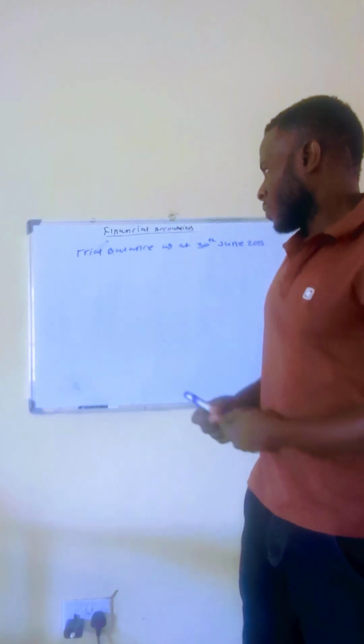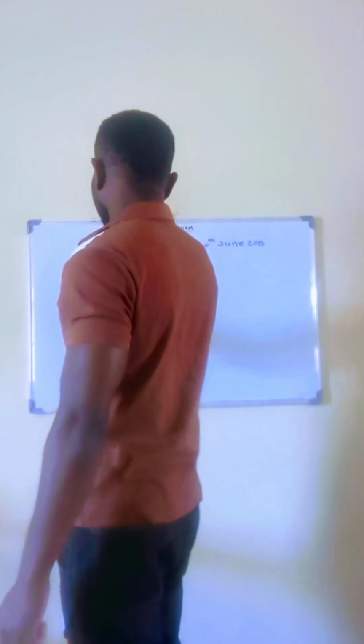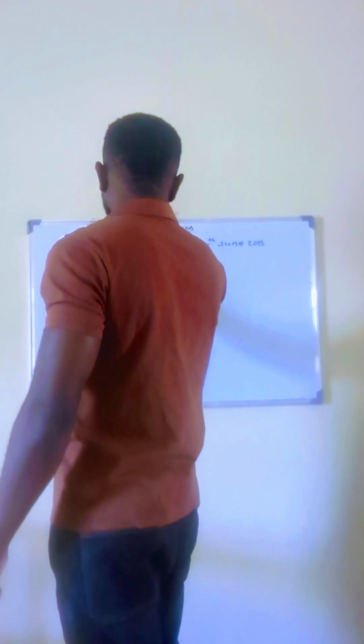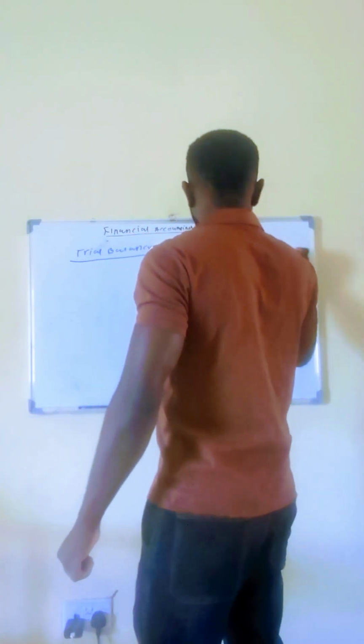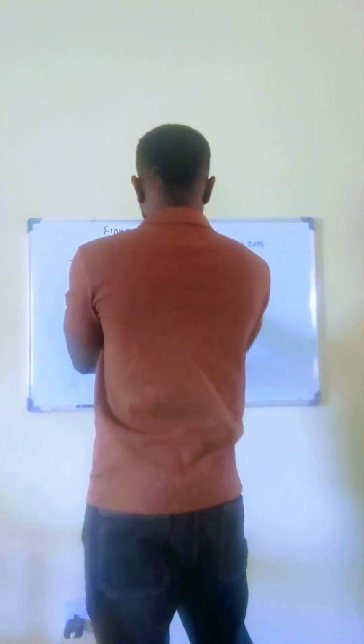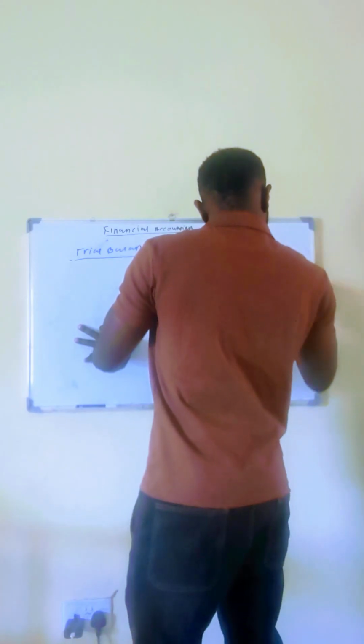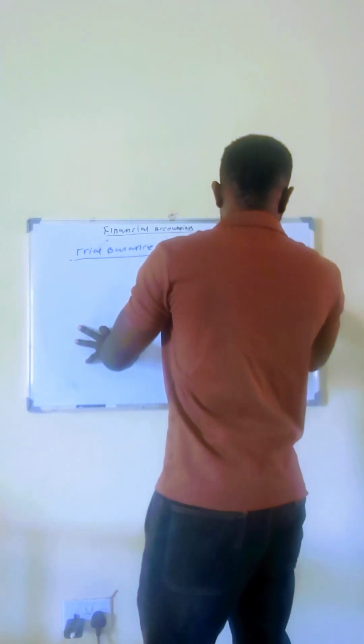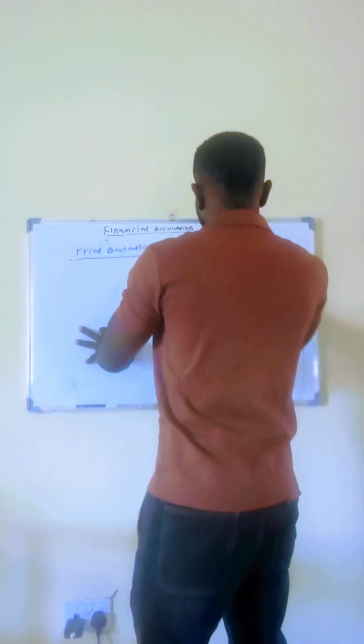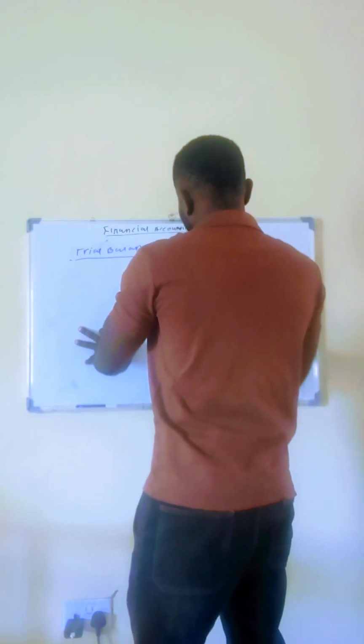So let's extract the trial balance. It's a simple book. This is how it looks like. So we have the column for the credit side, the debit side, and the details.